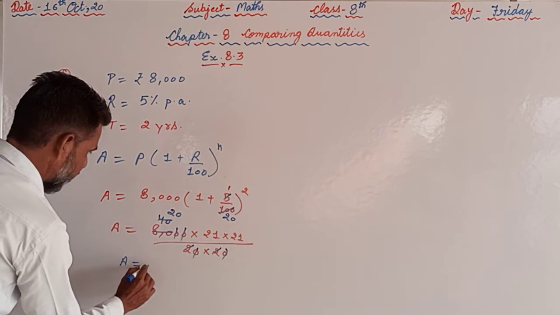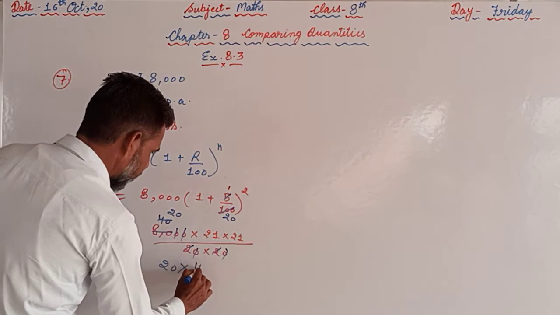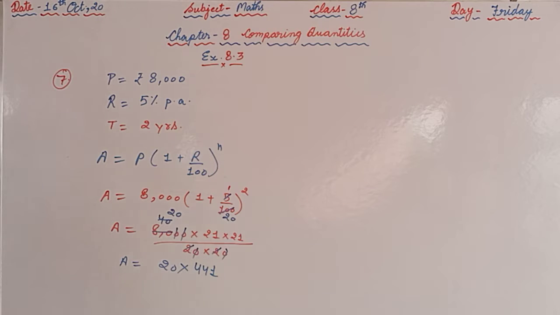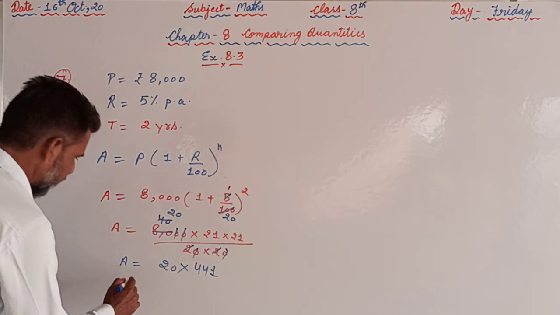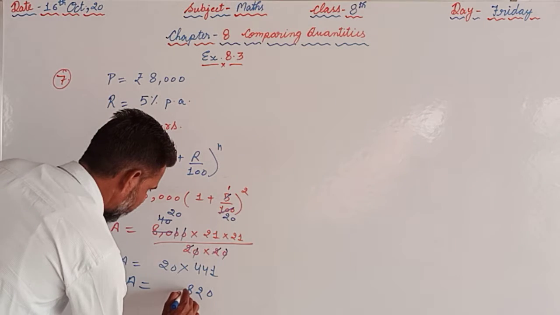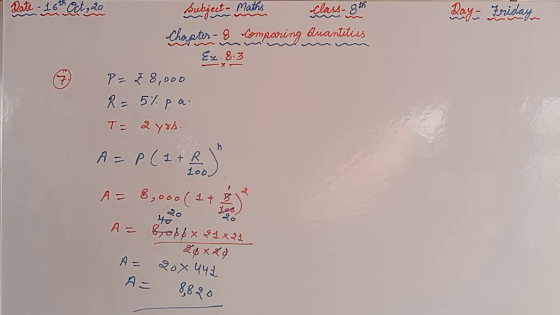So A will be equal to 20 into 21 into 21, 441, and afterwards that can be multiplied. So amount will be equal to 0, 2 1s are 2, 2 4s are 8, 2 4s are 8, means 8,820 will be the amount. That was the first part, amount at the end of second year.